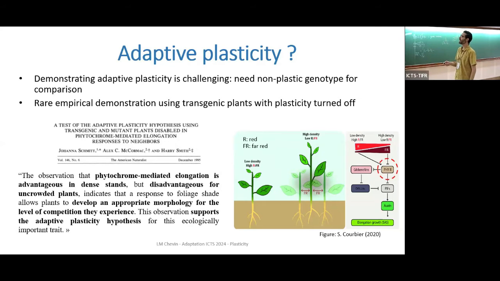They found that phytochrome-mediated elongation is advantageous in dense stands, but disadvantageous for uncrowded plants. This indicates that this response to shading allows them to develop an appropriate morphology for the level of competition they experience. So they develop the right phenotype where it's most beneficial. But this hasn't been done so much as far as I can tell.